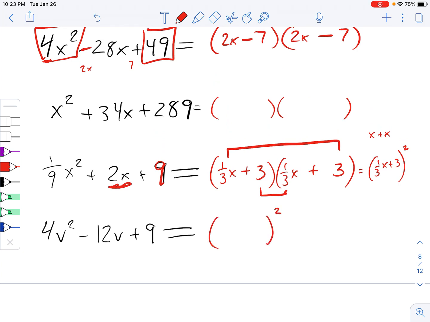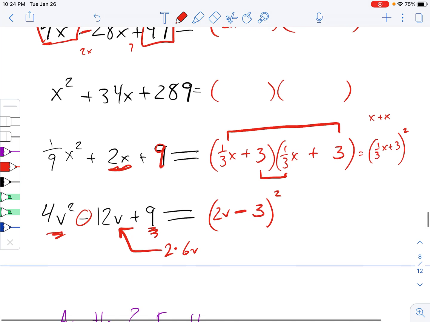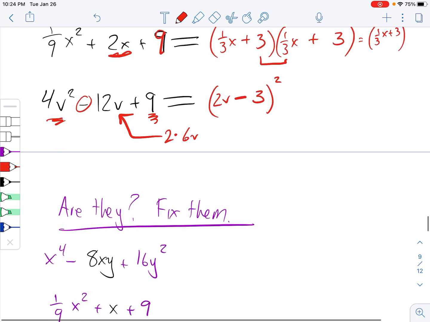All right, so following the rule, square root. Is it true that when I multiply those together, I'll get 6v, and when I double it, yeah, I get 12v. Cool. It has to be subtraction because this is subtraction. And when in doubt, you can always FOIL it out to check.